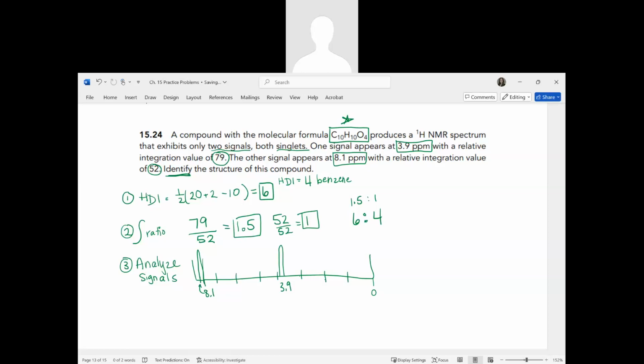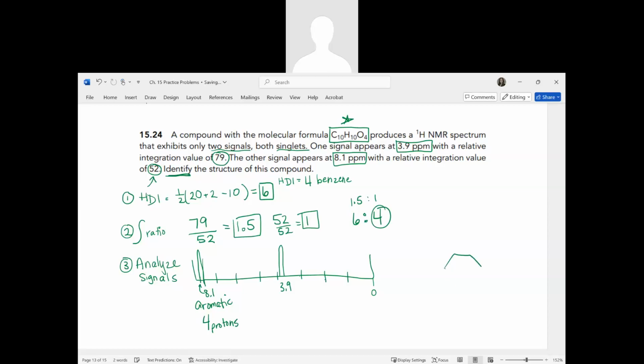The signal at 8.1 is significantly downfield, so we could say that this probably represents aromatic protons. That reinforces our HDI of 4 being representative of a benzene ring. And since this downfield signal has the integration value of 52, that must correspond to 4 protons. That would make sense with this structure so far.